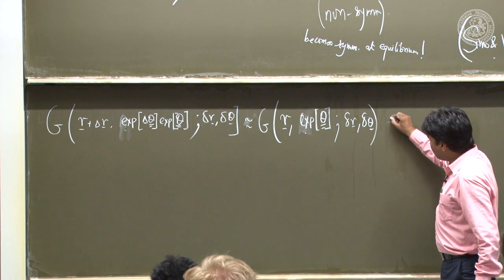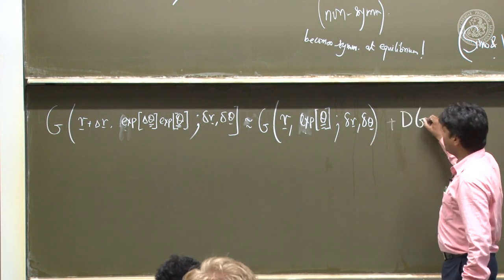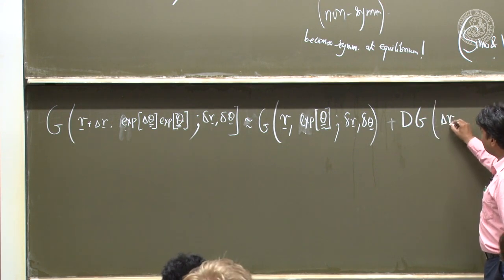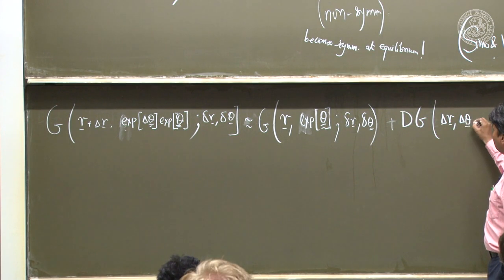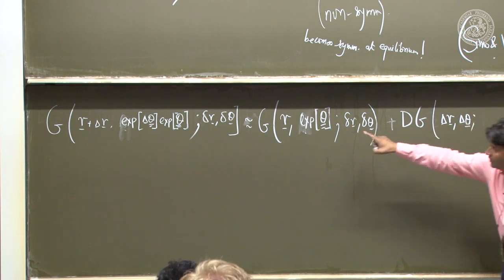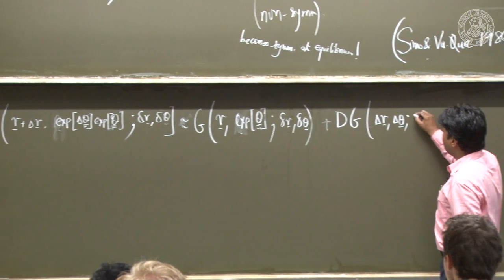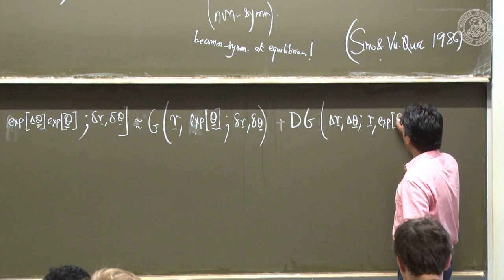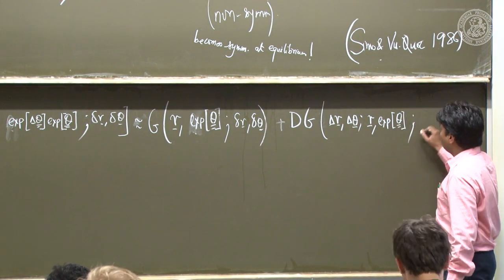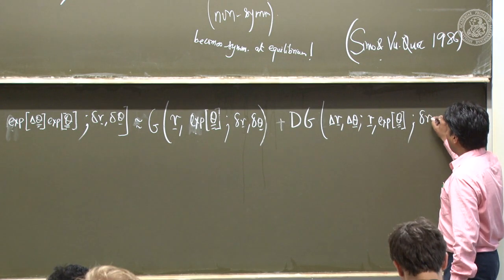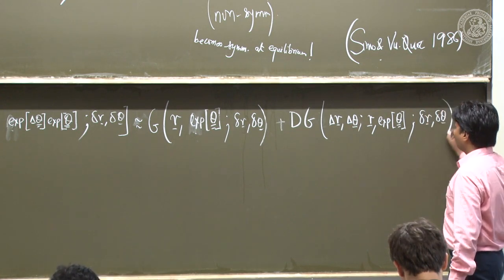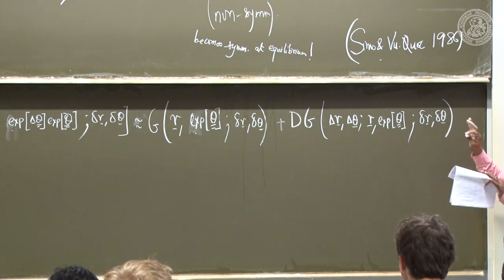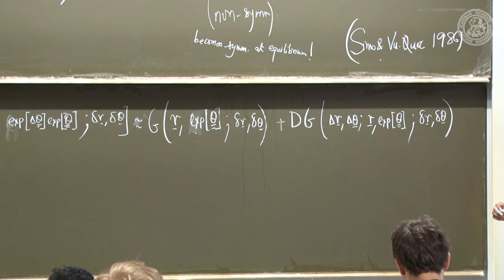Plus the linearized term dG, right, which is a function of your delta little r, delta little theta, and then of the current state little r, exponential of theta, then your del r, del theta, and then you had the higher order terms, but you forgot about that because you only wanted to work with the linearized weak form.